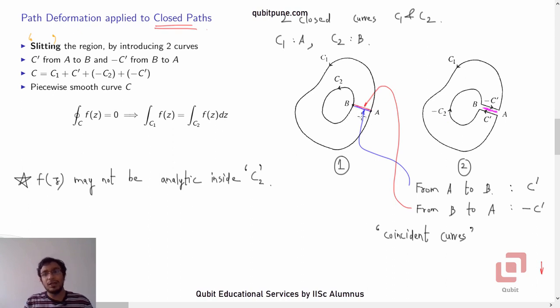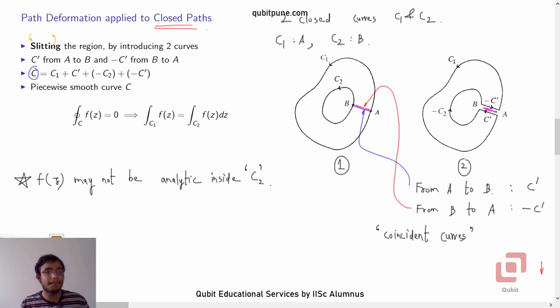So what we are actually achieving here is that we have now got a single closed curve, which we will call C. And this is how we obtain it. Let me use a different color.